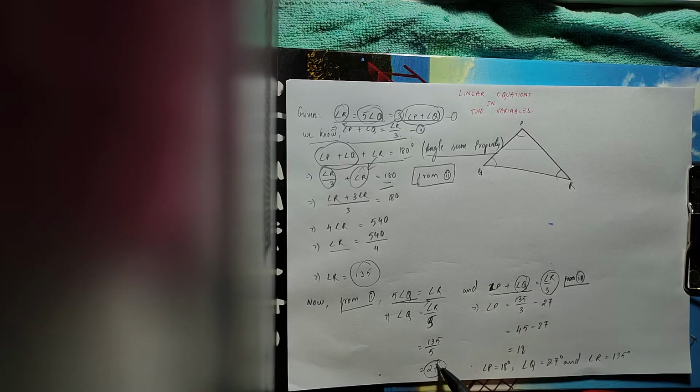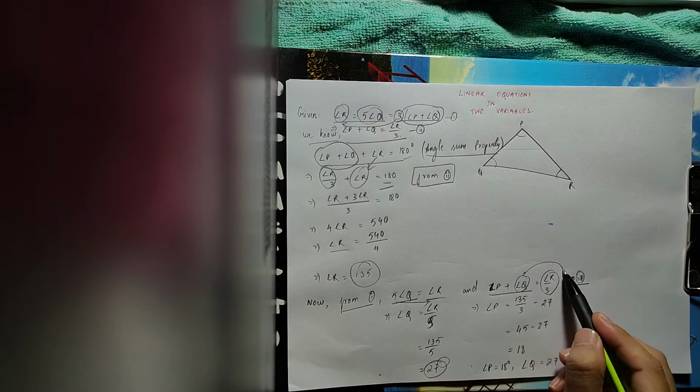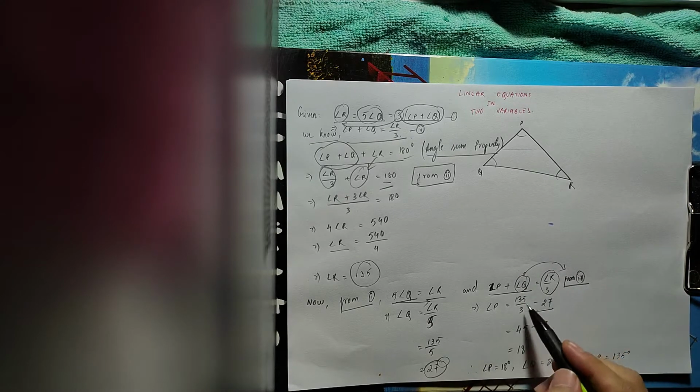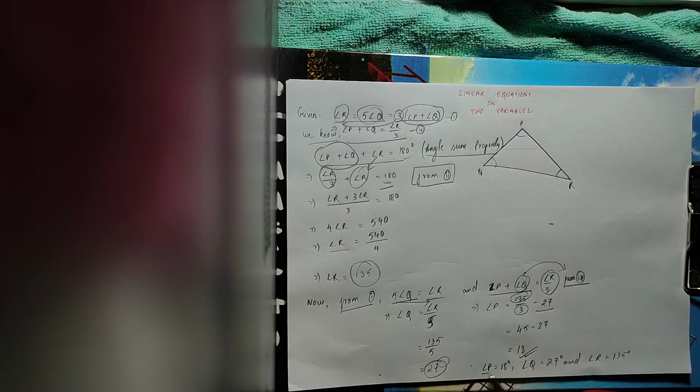Angle Q is nothing but 27. So if you substitute 27 here and take it here, it will become minus 27. Angle R is 135, so 135 divided by 3. And if you solve this, you will get 18. So angle P is equal to 18, angle Q is equal to 27, and angle R is equal to 135, which is nothing but all the angles of the triangle.